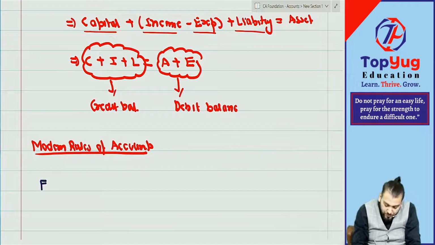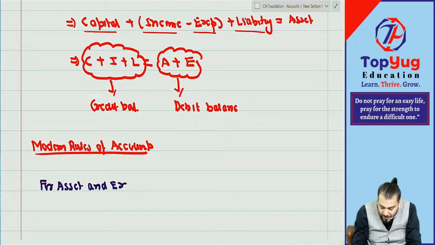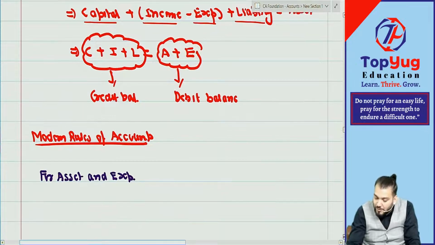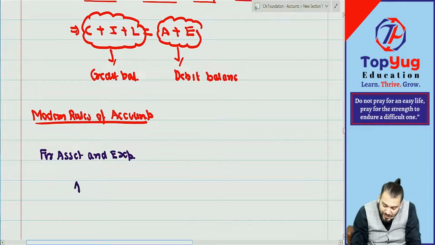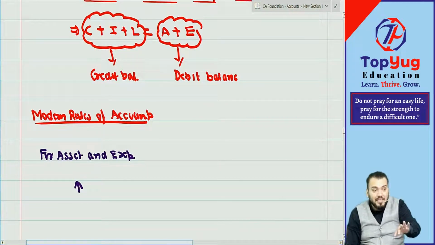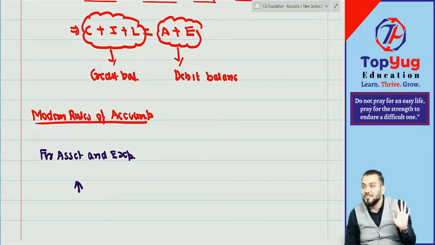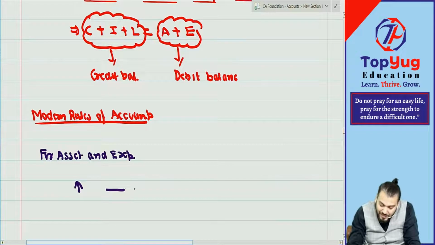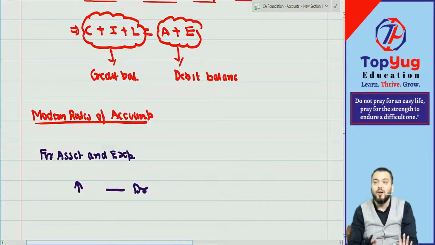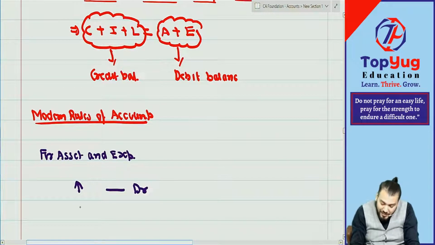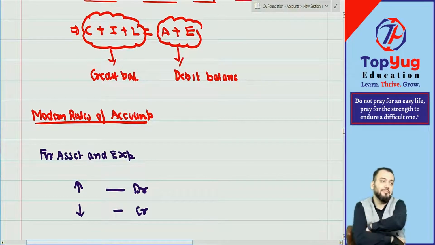So for asset and expense, what will be the rule? Increase in asset and increase in expense will always be debited, because that has debit balance. Correct? And decrease will always be what? Credited. This is the rule.